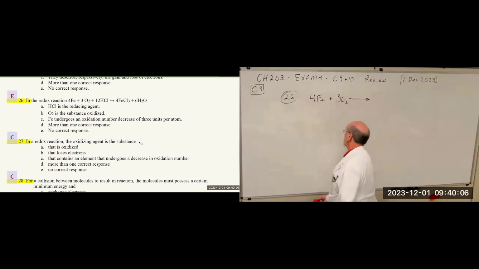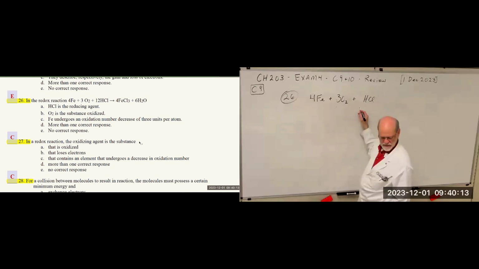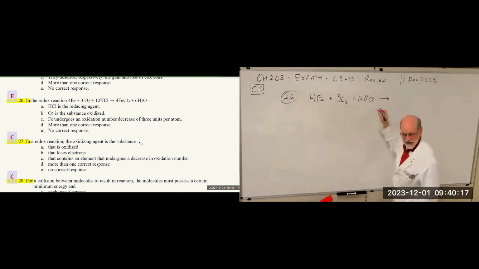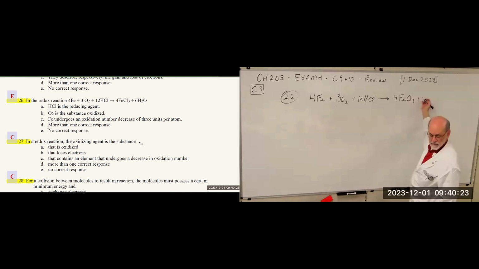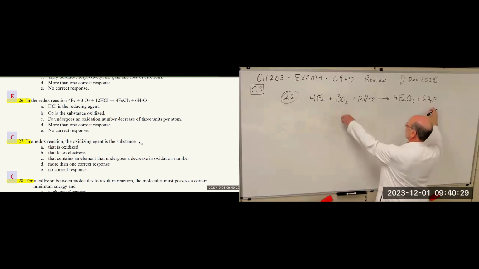Oops, left out a reactant. HCl. How many of them? 12. Now the products. FeCl3 plus 6 water. See, is that balanced? Oxygens, yep. Hydrogens, yep. 12 chlorines, yep.